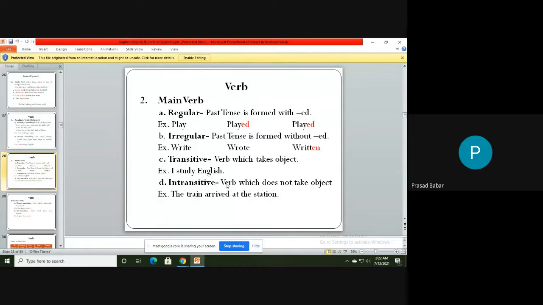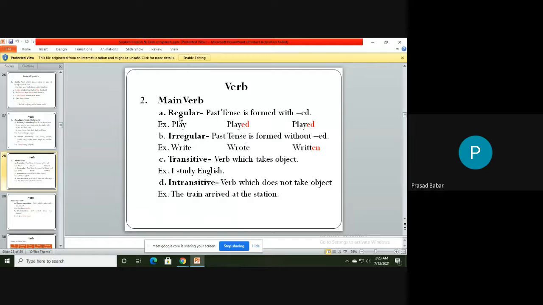And fourth is intransitive. So there are 4 types of main verb also: first is regular, second is irregular, third is transitive, and fourth is intransitive.